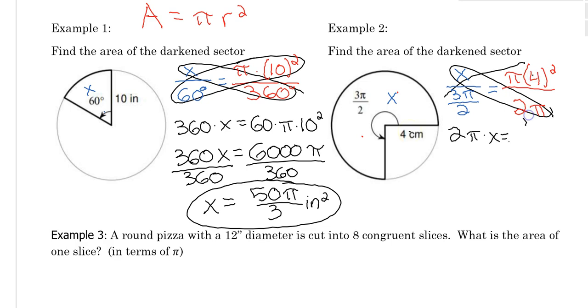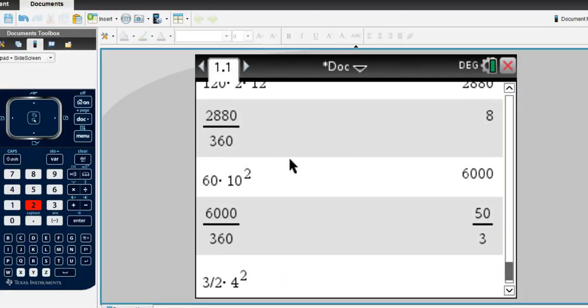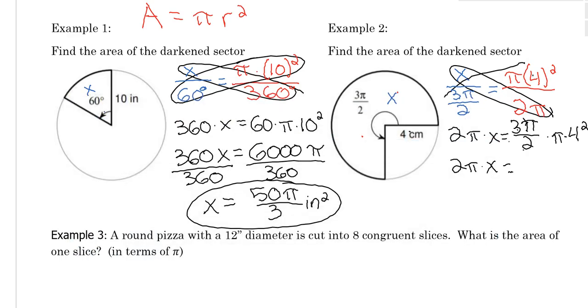So I have 2 pi times x equals 3 pi over 2 times pi times 4 squared. Again, I'm going to multiply all my numbers, so I have 3 over 2 times 4 squared, divided by 2 times 4 squared. I get 24. And I have 2 pi's. Okay.